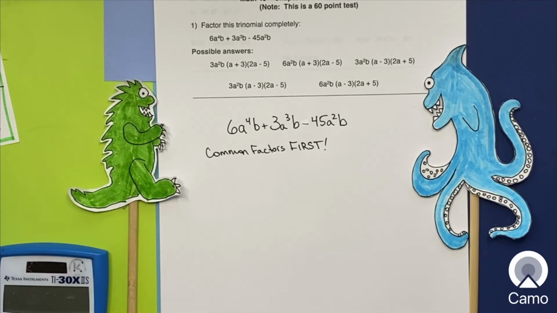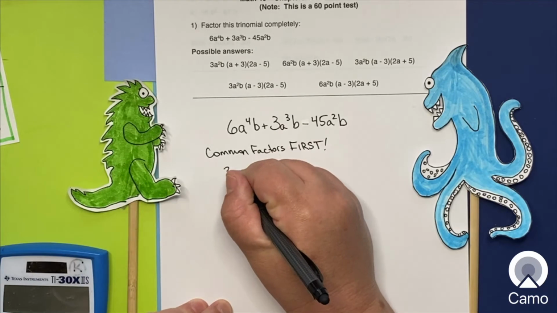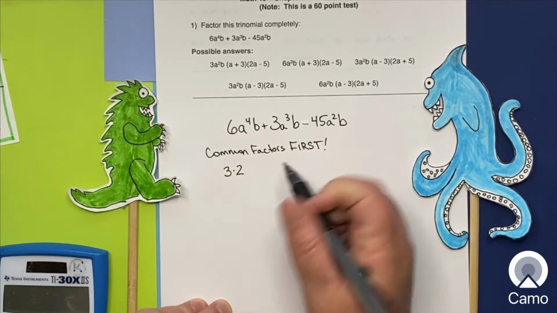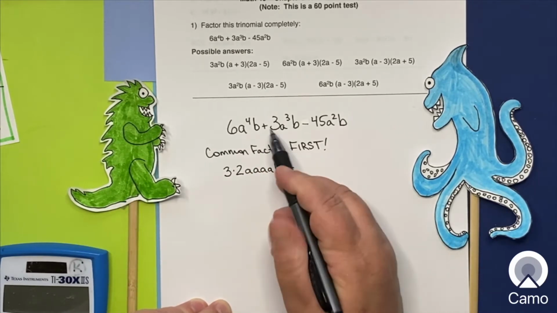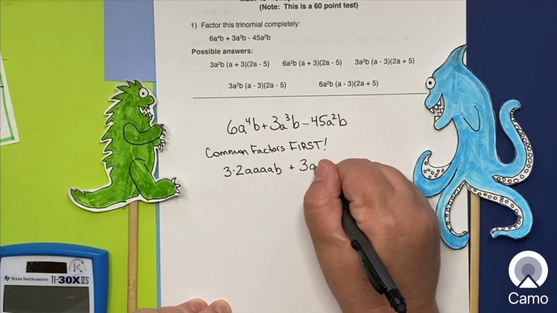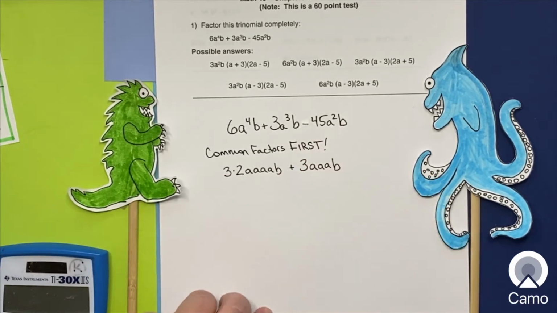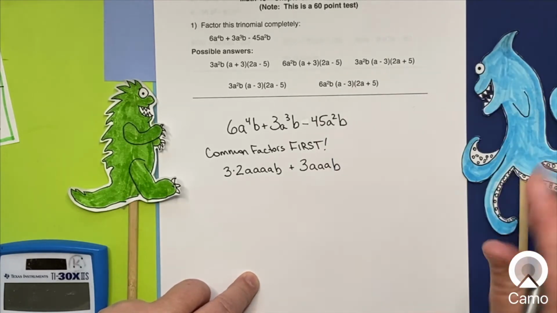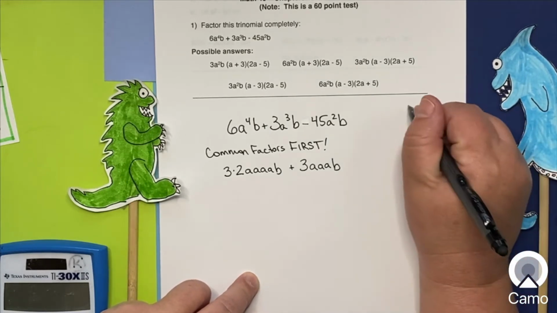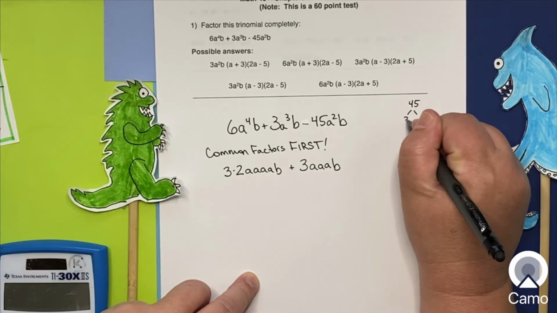In this case, I'm looking through it and I see some A's and some B's and some numbers. So what I will probably do is write out each term all the way. What does that mean? Well, 6, I happen to know, is 3 times 2. A to the 4th is A, and a B. 3 is prime, so I'll write 3, and then there are 3 A's and a B. Now, 45 happens to be 3 times 15.